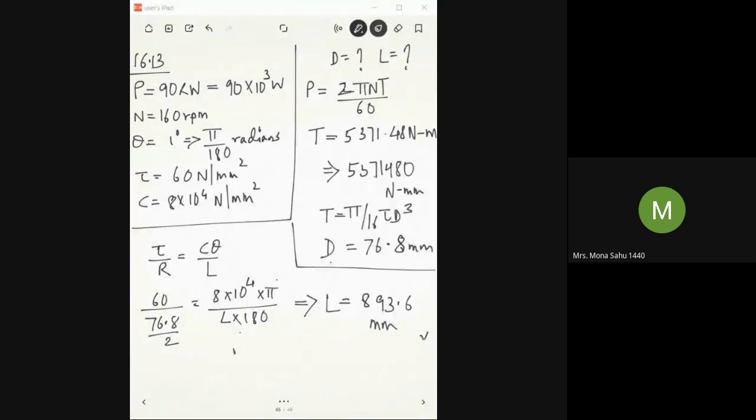Febin, present. Balakrishna, present. Mohammed, present. Alex, present. Ajay, present.